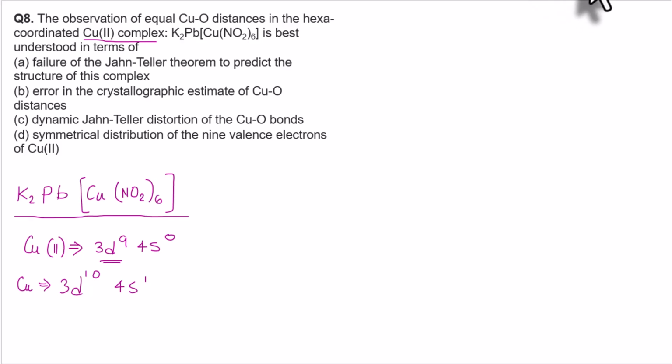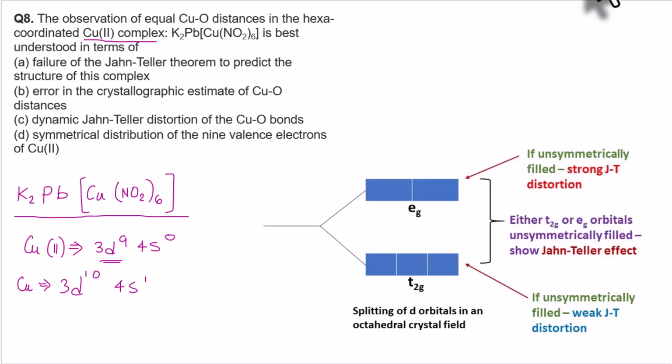So basically, this question is about the phenomenon of Jahn-Teller distortion. If you recap, when does that occur? It occurs when there is unsymmetrical filling of t2g or eg orbitals leading to deviation from the regular geometry.